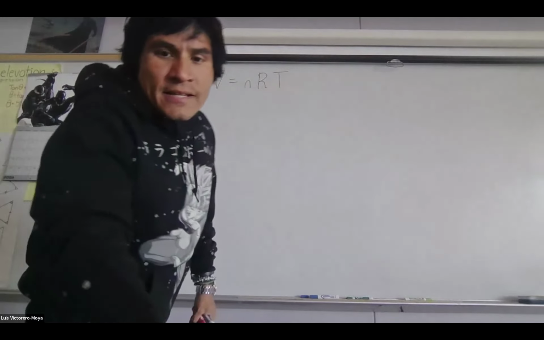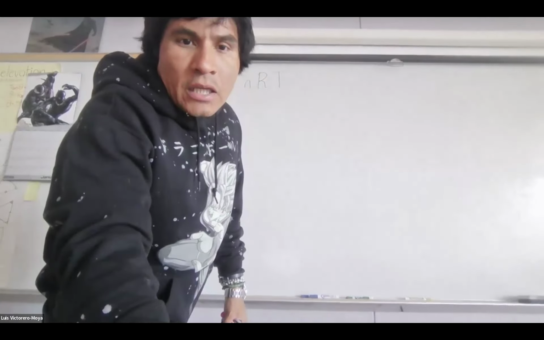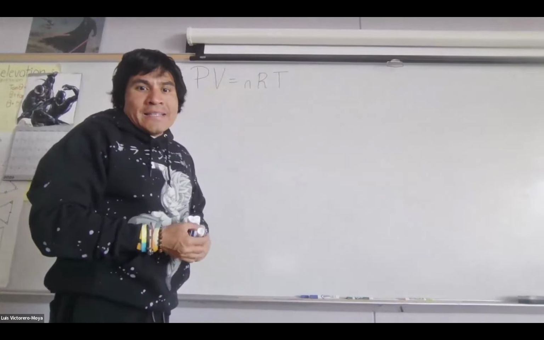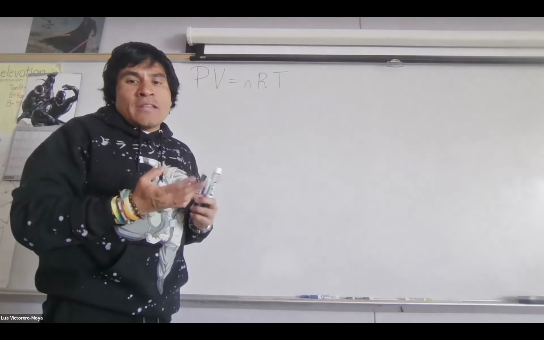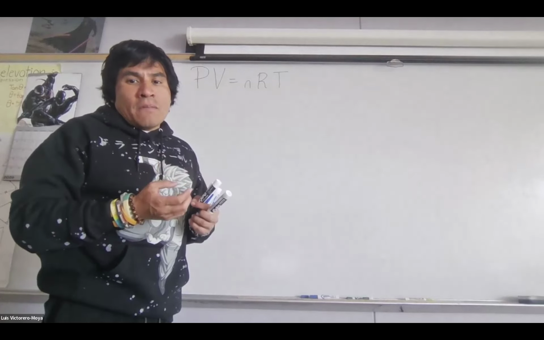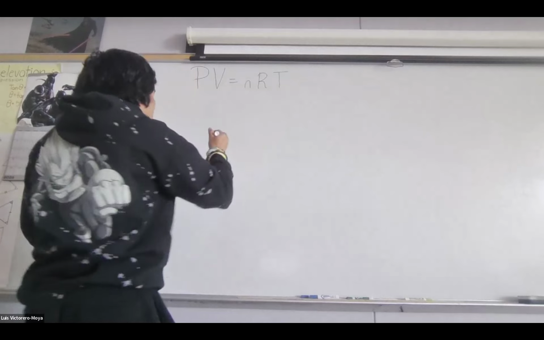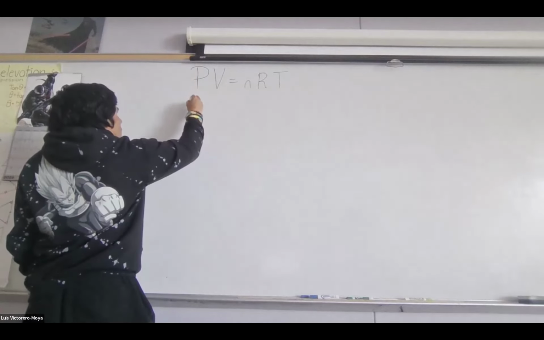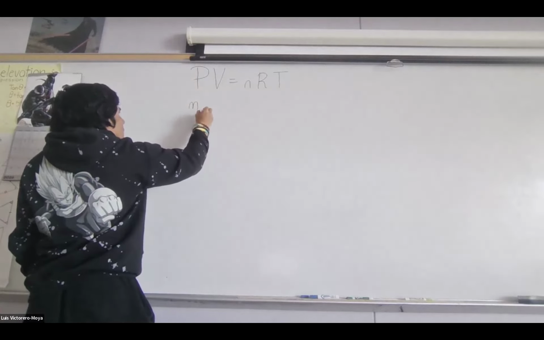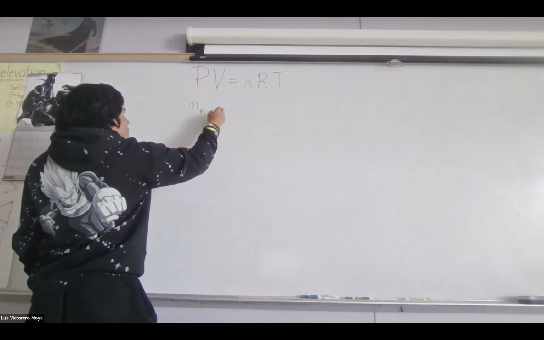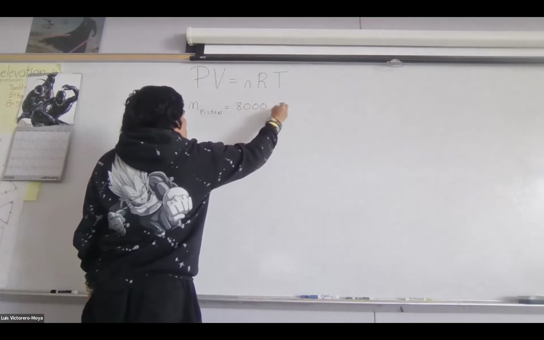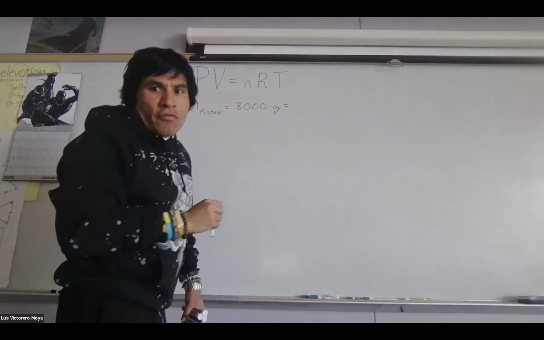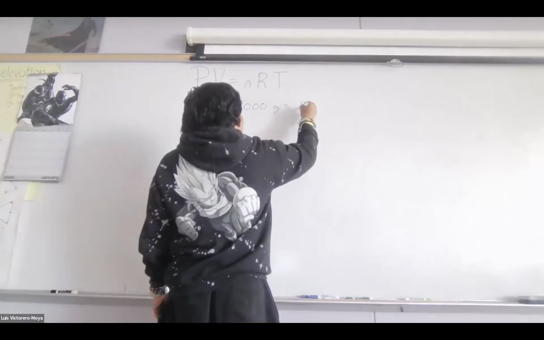One of the problems in the assignment gives you an ideal gas inside a container with a piston, where you have the mass of the piston. The mass of the piston is 8,000 grams, which conveniently enough is 8 kilograms.